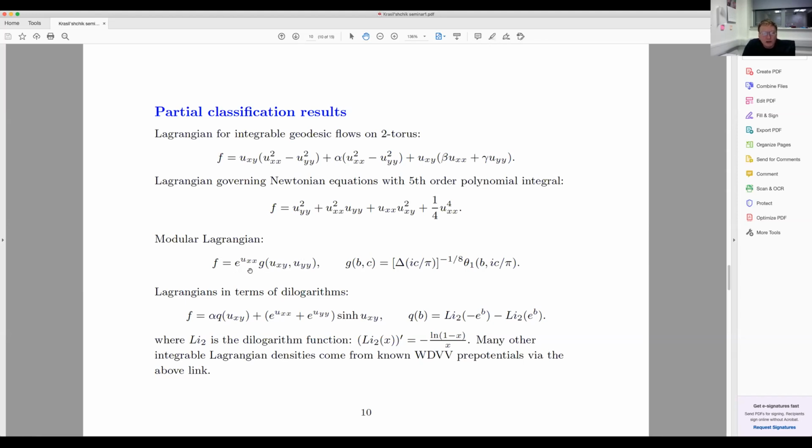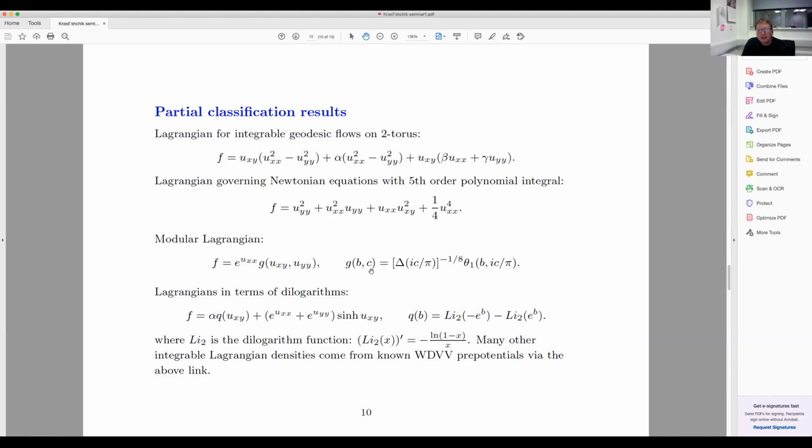We looked for a Lagrangian density in this form, e to the Uxx times some function of the remaining 2 variables, Uxy and Uyy. And we obtained a PDE system for this function g. It turned out that this function g of B, C is expressed in terms of the Jacobi theta function. And here delta is the modular discriminant, doesn't matter. It's quite a tricky formula.